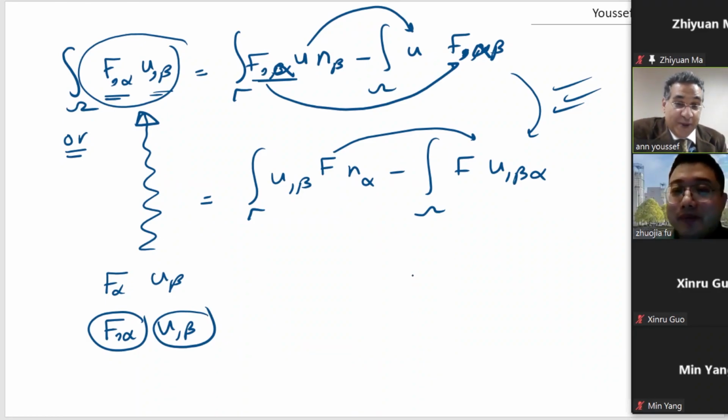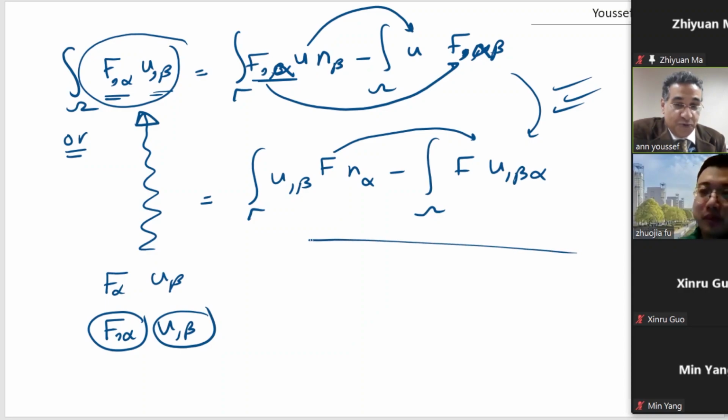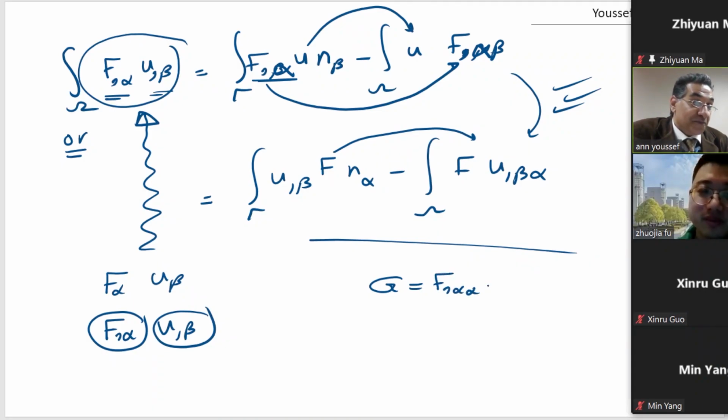For example, as Professor Fu said, if we have a certain function g, we can write it as f comma alpha alpha. This is what Professor Fu is saying. You are searching for a function, a Laplacian of a function. Once you have it, you will be able to do anything in boundaries.